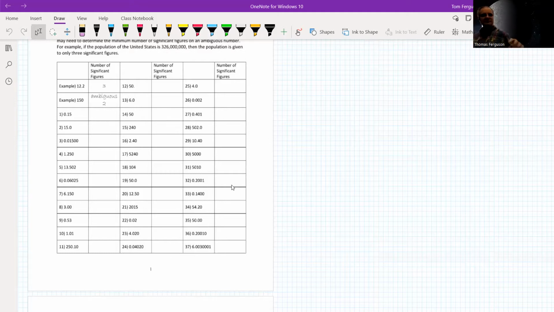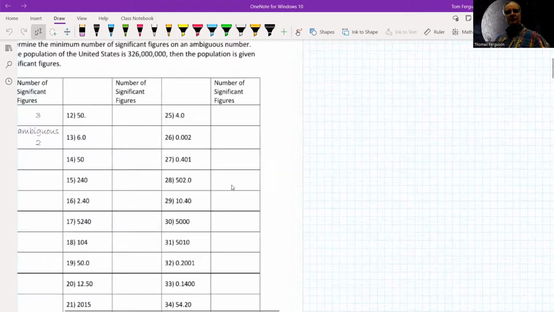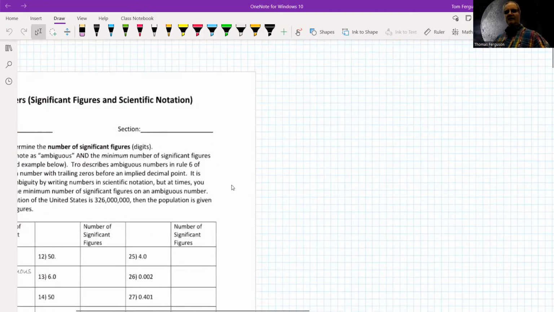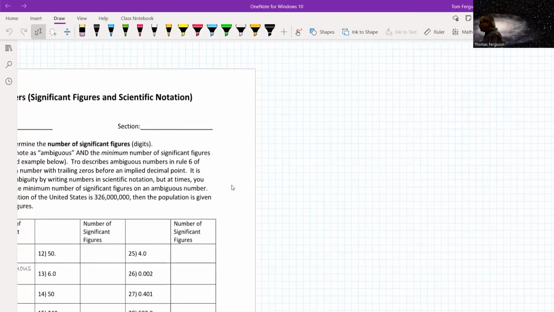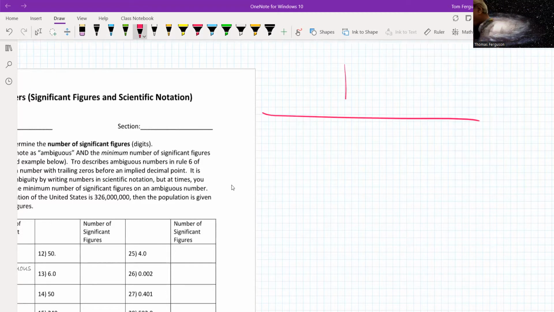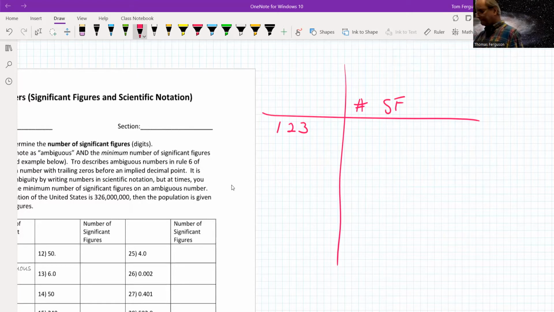Okay, so I'm going to write down some numbers, and you are going to tell me the number of significant figures. Then we're going to come up with some rules. Okay, so what do you think? How many significant figures do you think that number has? 3. Okay. And that's right.